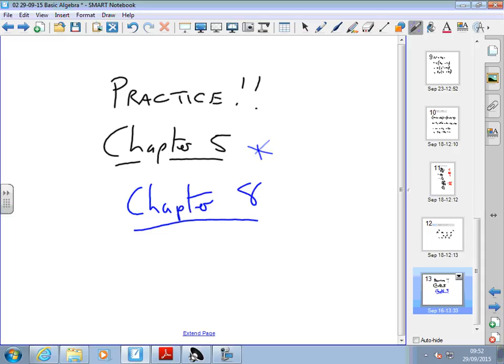If you're feeling comfortable with these basic rules, look at the further algebra chapter, chapter 8. Not something we'll be focusing on particularly in this unit, but definitely next year. So you can start building up your skills in readiness if you're feeling happy. So don't rest on your laurels.